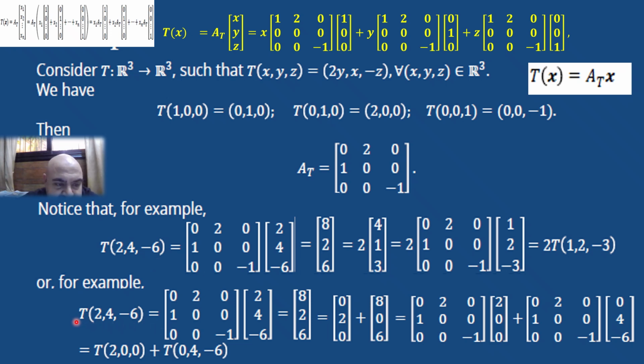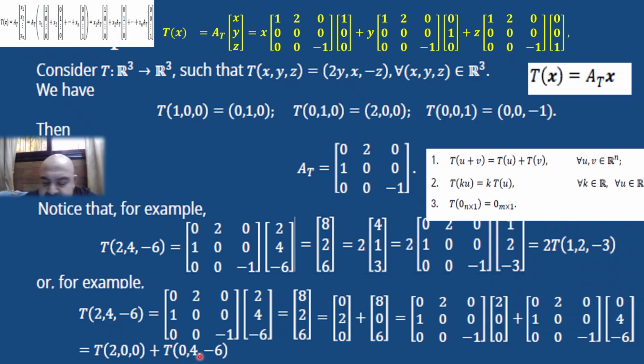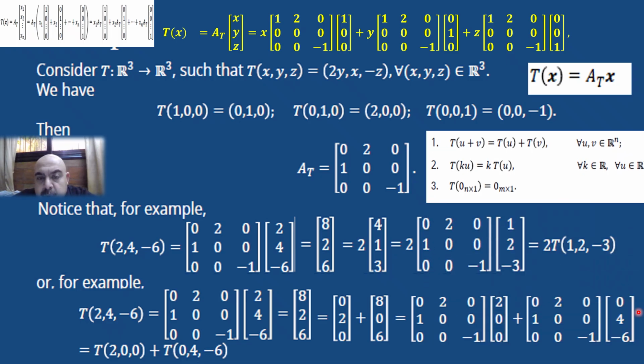That's T of any sum of two vectors equals the transform of the first plus the transform of the second vector, which means the second property of a linear transform is already here, and the first one we already proved previously. And for the last one, it's very, very obvious.